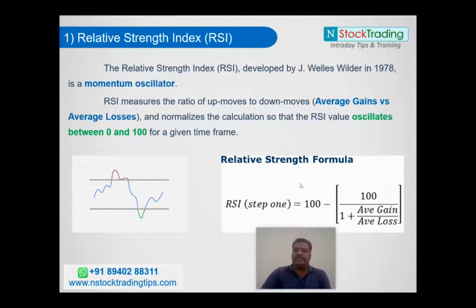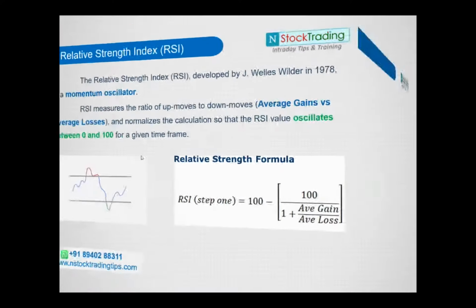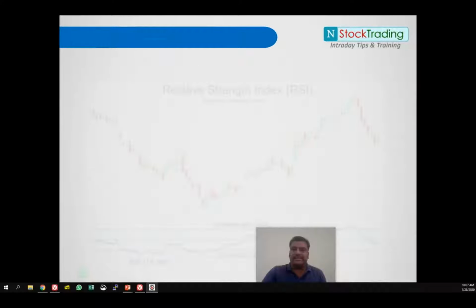So you see this formula over here. This is the formula which is used for calculating RSI. Basically, if the average gains are higher, the RSI value is more, and if the average loss is higher, the RSI value is less.